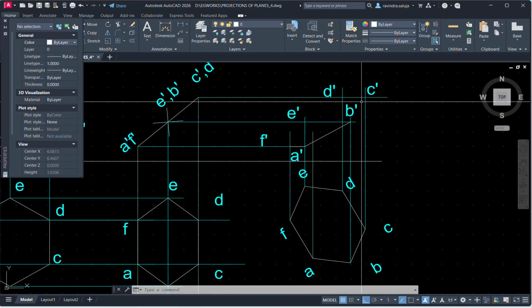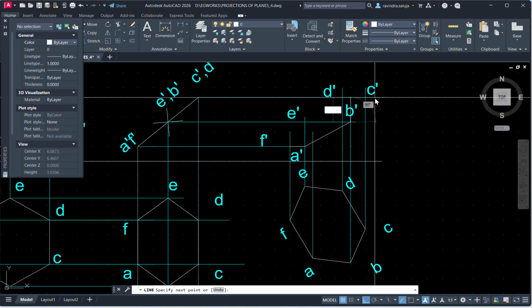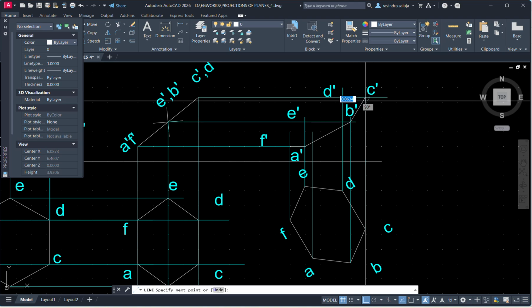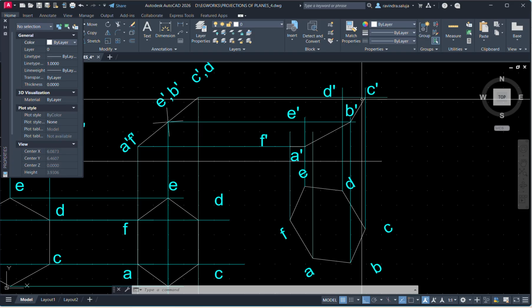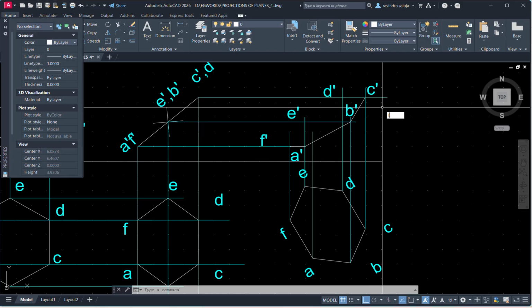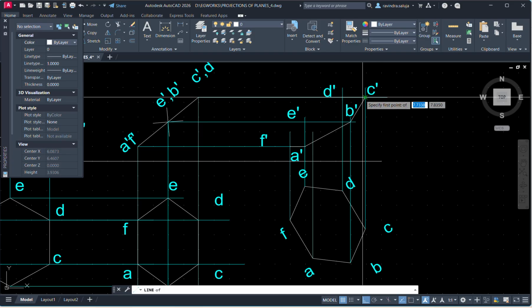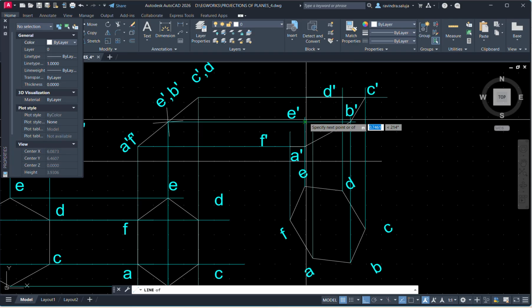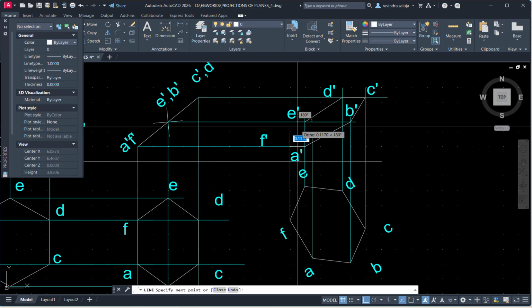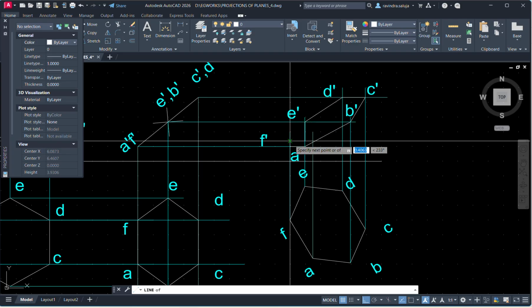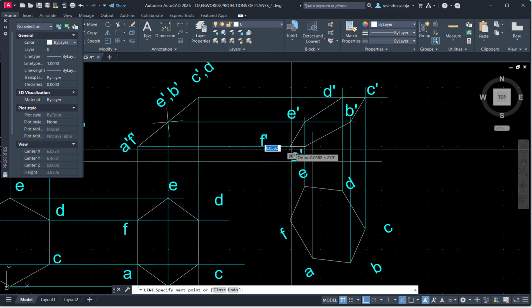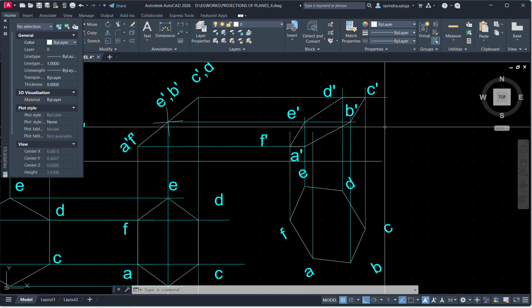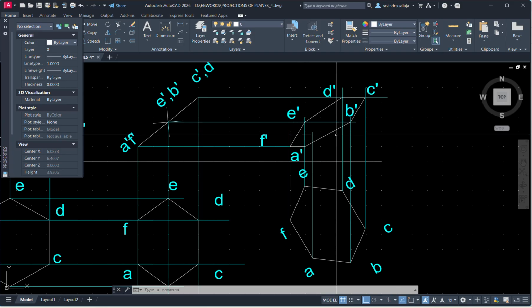Now from B to C. Then from C to D. Then from D to E. Then from E again to F. So this is the hexagon kind of shape, the apparent view you will get.